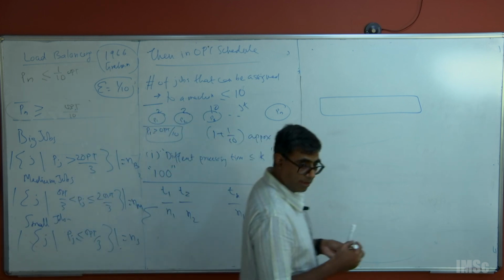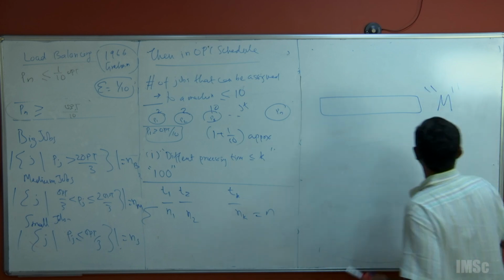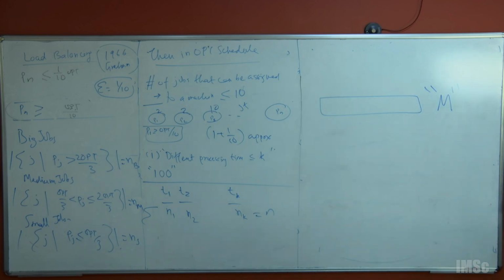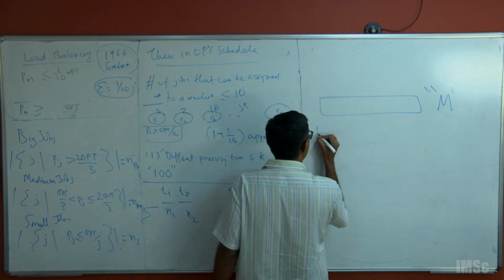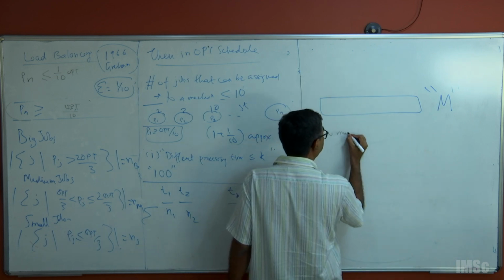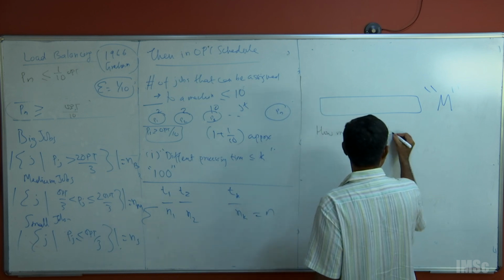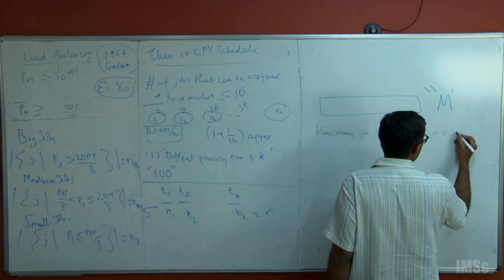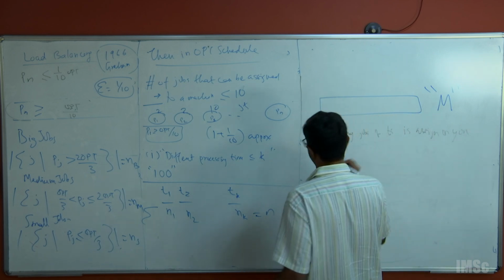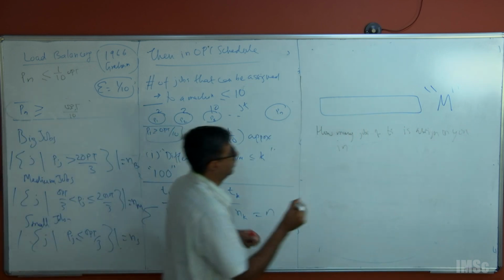Okay. Now, I take a machine and ask myself a question. For some machine, how many jobs of Ti are assigned to it in the optimum?